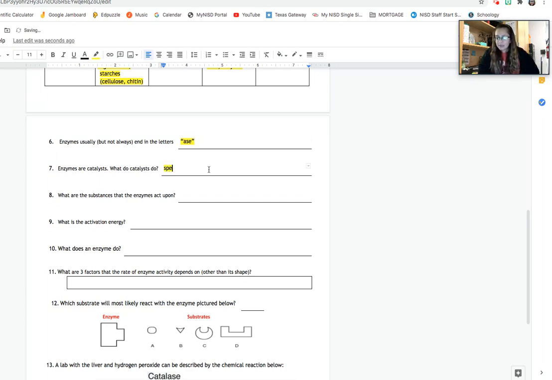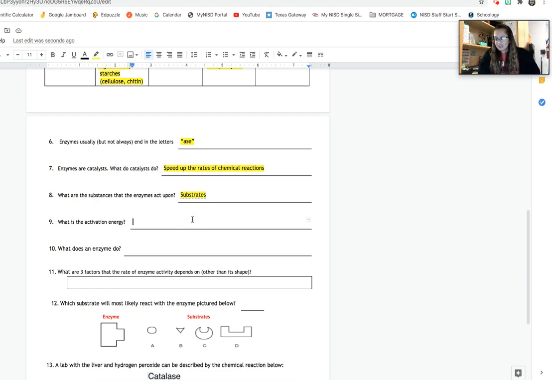Catalysts help speed up the rates of chemical reactions. What are the substances that enzymes act upon? Those are called substrates. Again, enzymes act with substrates, and then they turn the substrates into products.